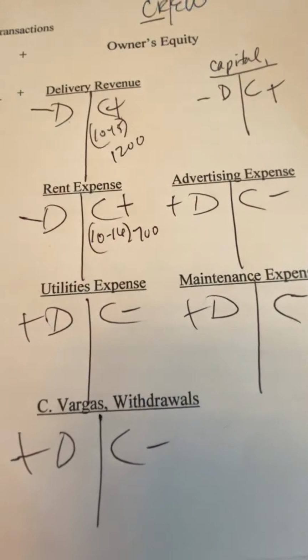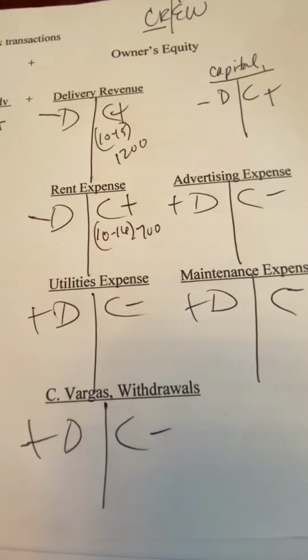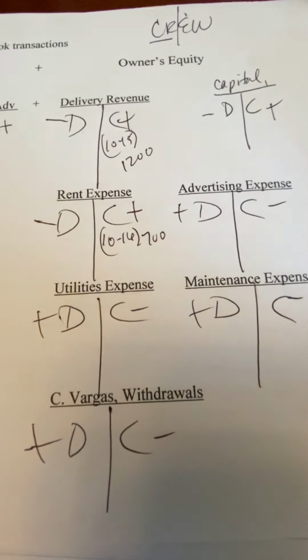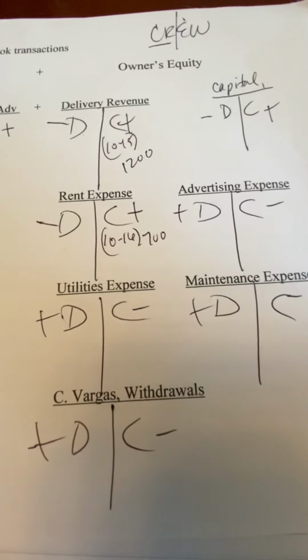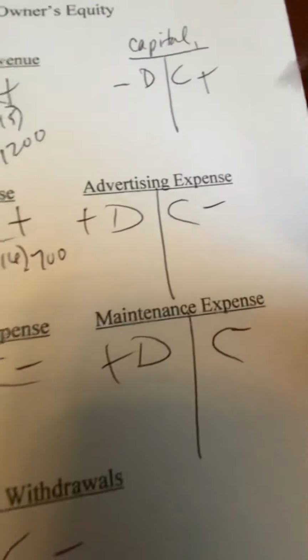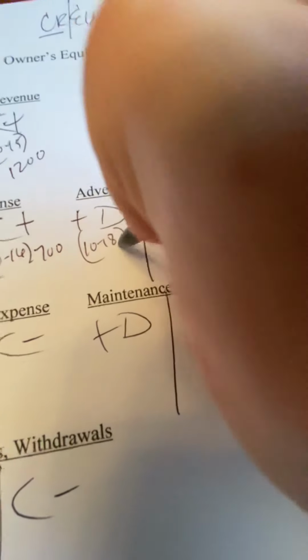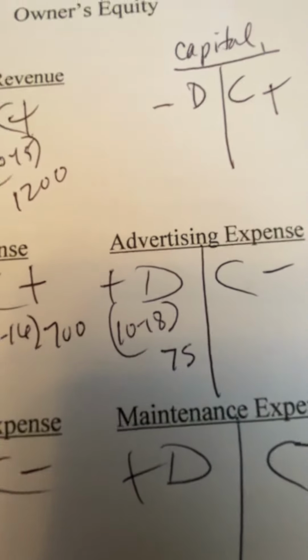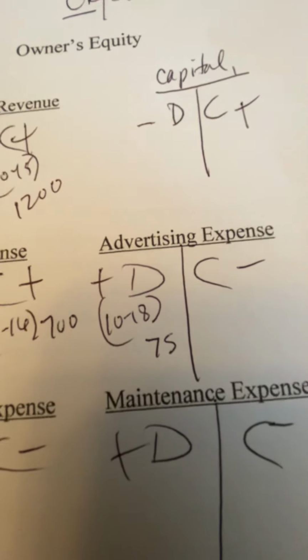On October the 18th, we prepared an advertisement for Zip. We're going to pay Rockport $75 later. We paid for an advertisement, so go to advertising expense. On the 18th, I have $75 recorded on the debit side of advertising expense.